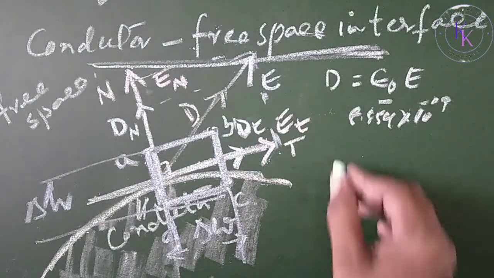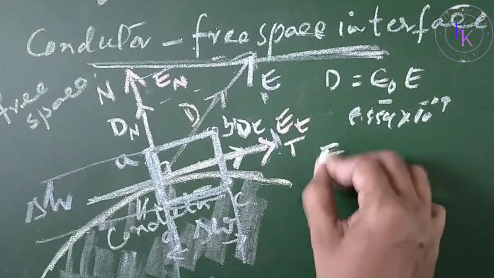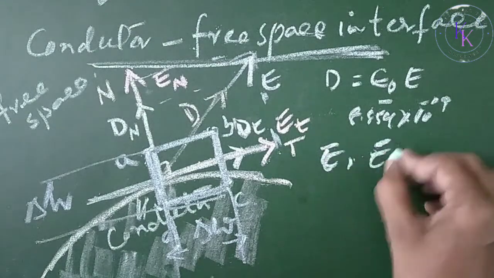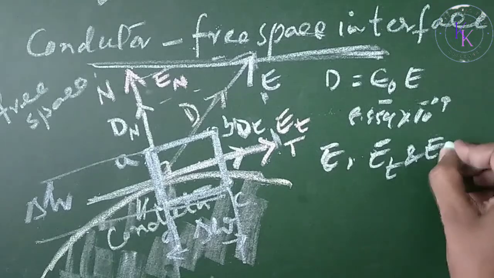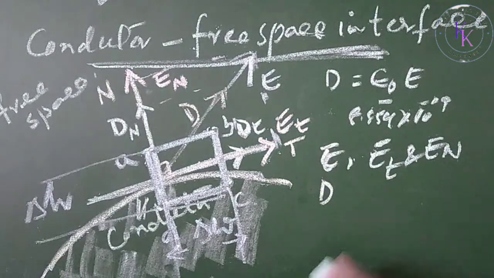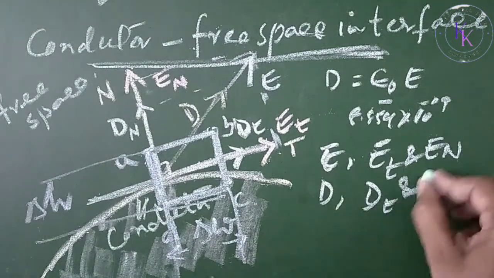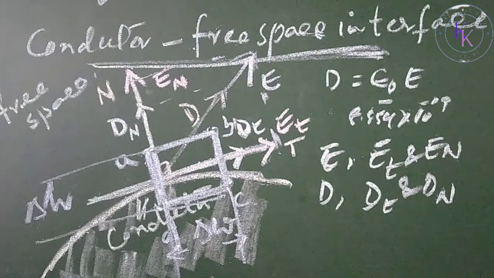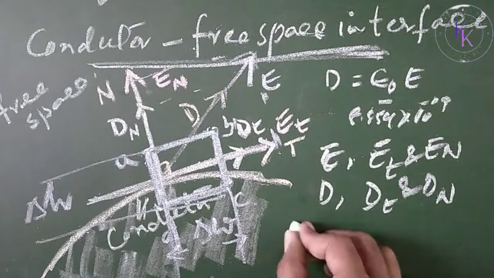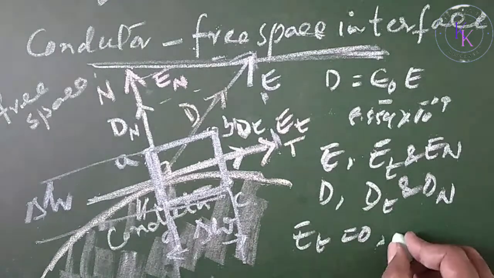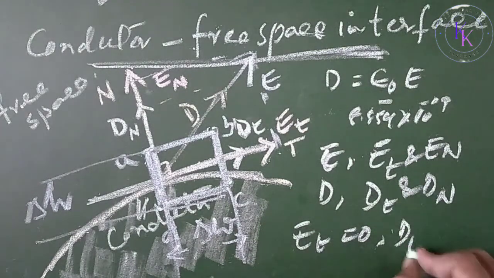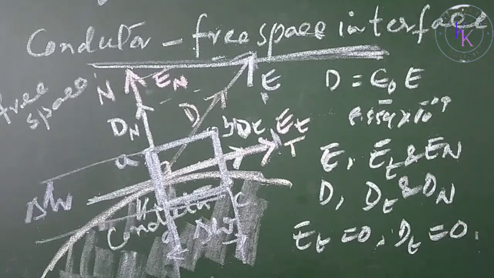Now the field intensity E is divided into two components, that is Et and En. Similarly, the flux density D is divided into two components, that is Dt and Dn. So the tangential component Et equals 0. When Et is 0, Dt also becomes 0.